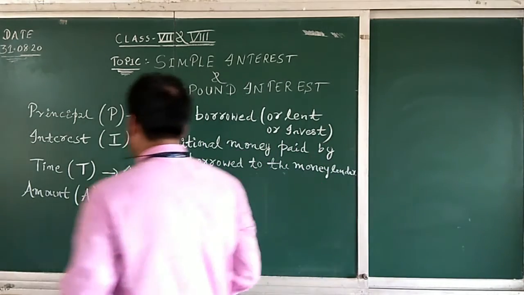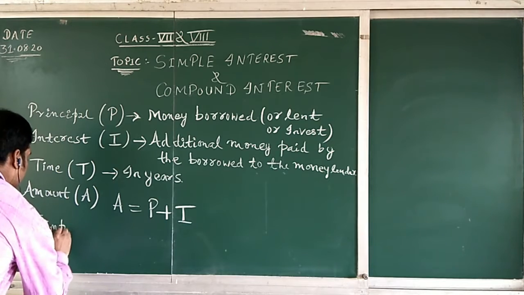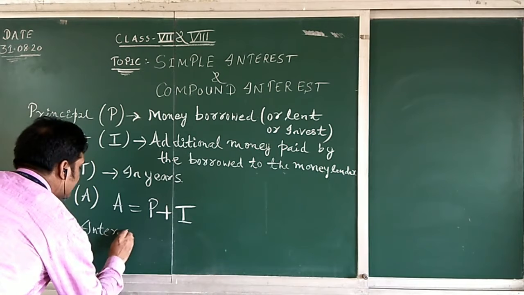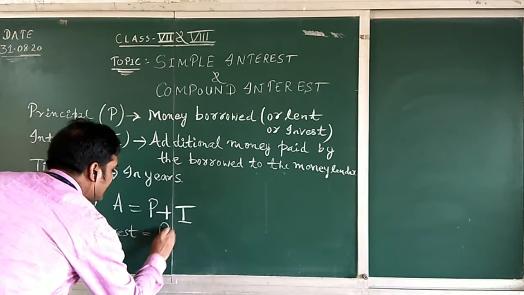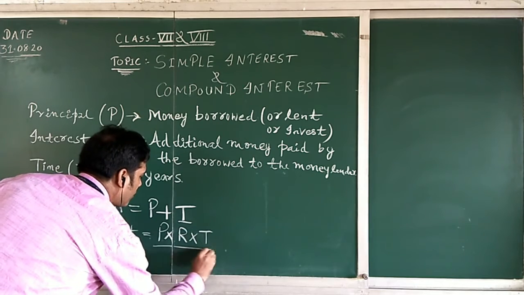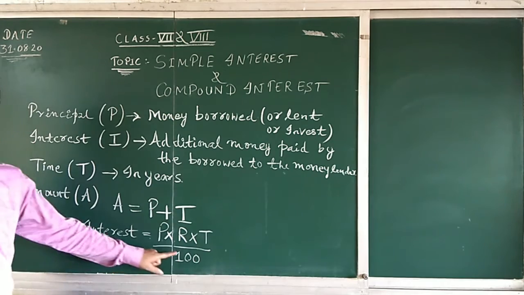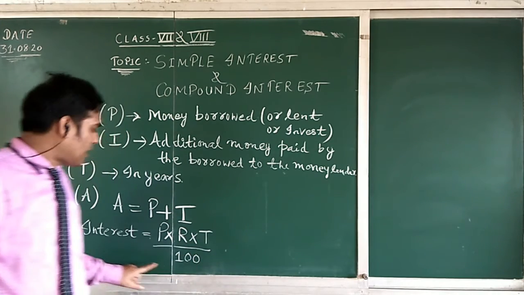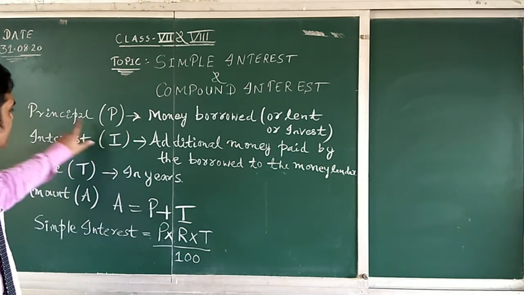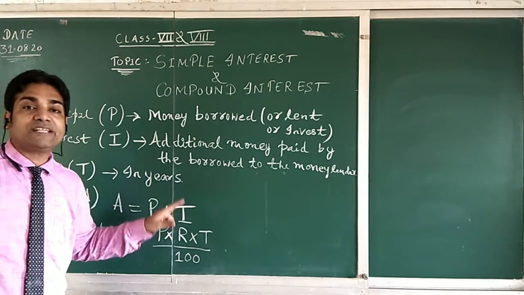And the formula for simple interest is P multiply R multiply T upon 100, where P represents the principal, R represents the rate per annum.